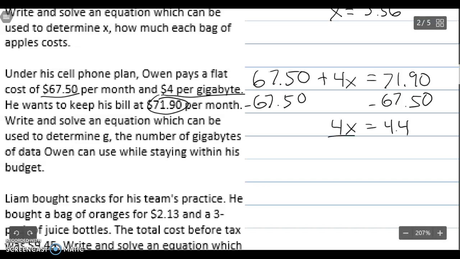And then divide by 4. And x is equal to 1.1. All right, so he can only use 1.1 gigabytes without going over his budget.